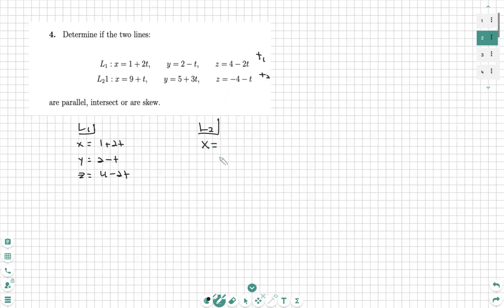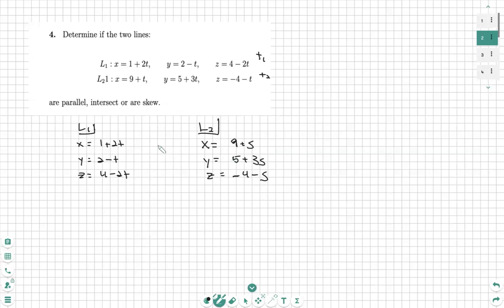So we write out x, y, z, and we replace our t with an s, creating two systems of equations with two unknown values, -4 minus s. Okay. And now all we're going to do is set them equal and solve.